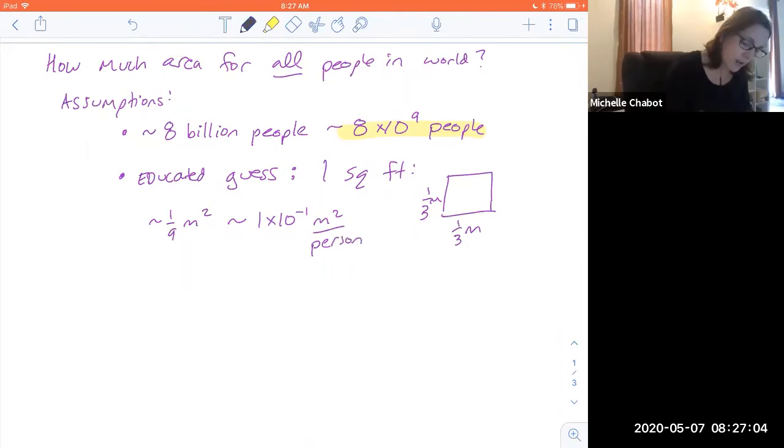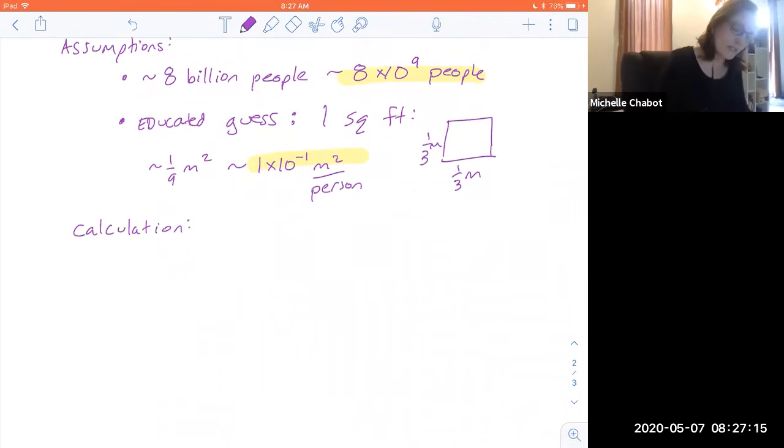So this is now my other main estimate. And now I'm ready for my calculation. So now I do the calculation step using these values. And this is basically 8 times 10 to the 9th people. And you do it the same way you might do a unit conversion or something like that. And then I know how many meters squared per person.